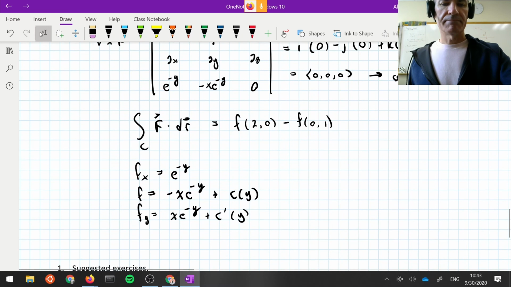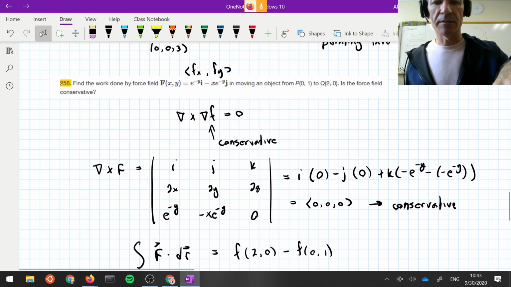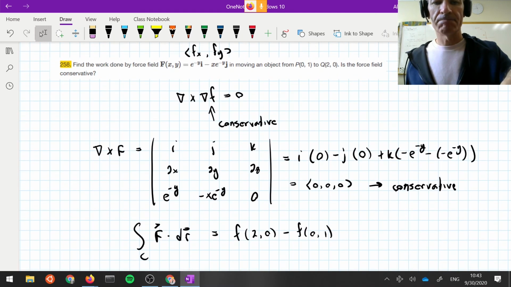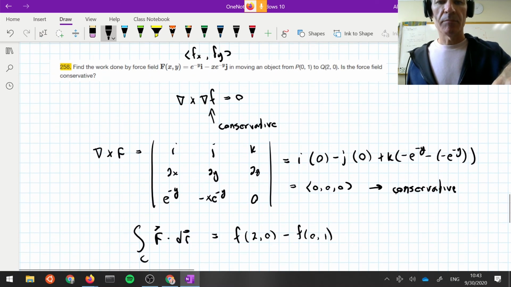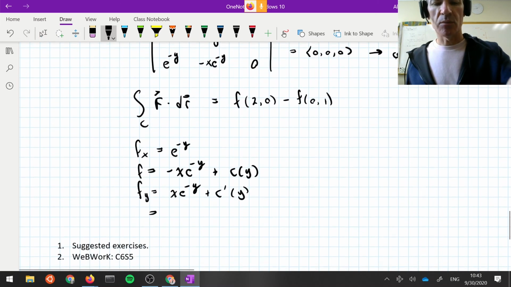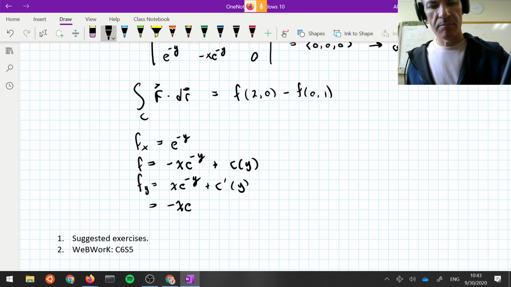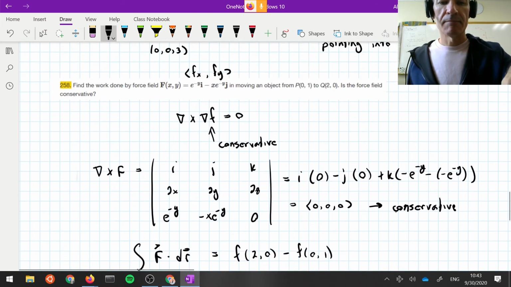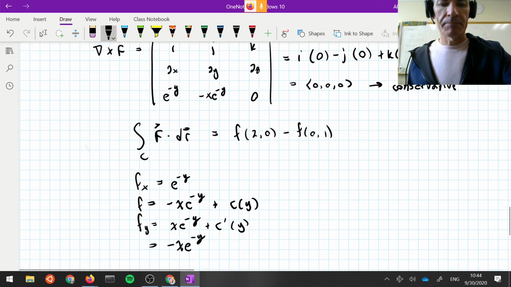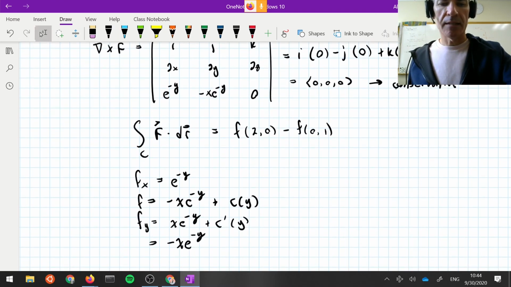Okay, yeah, something's not feeling right about this. All right, take the partial with respect to y, and I should get minus x e to the minus y. And there's definitely an issue here, so let's see if I can figure it out. Partial of f with respect to x.